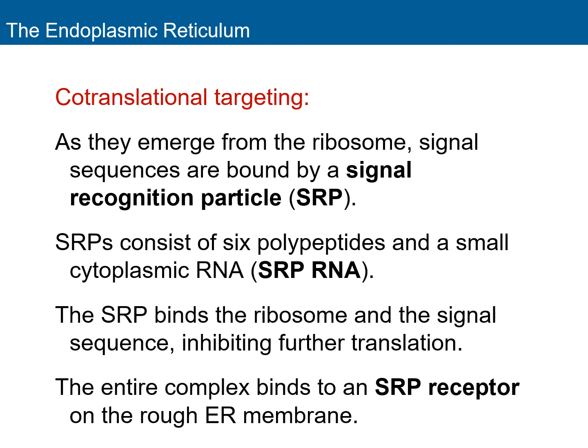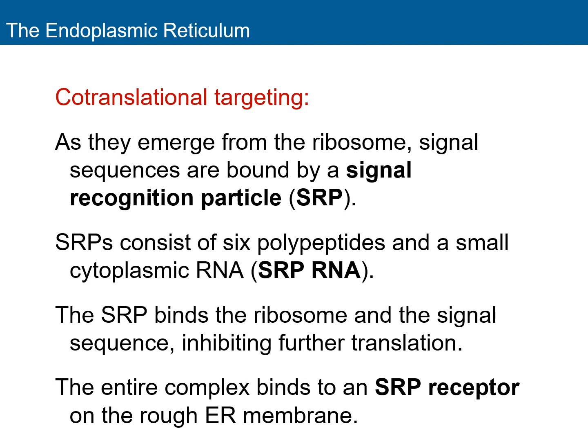As the polypeptides emerge from the ribosome, signal sequences are bound by receptor proteins called signal recognition particles, SRP. They attach to the newly synthesized polypeptides and take them, based on the signal sequence, to their destination.